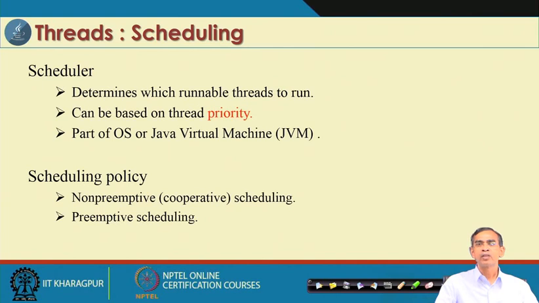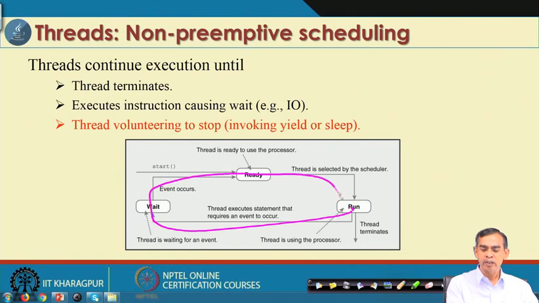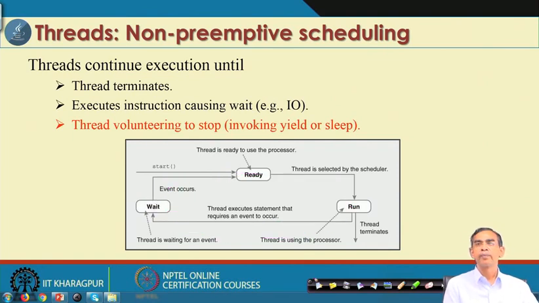So it is basically the policy for how you want to control the threads in your execution. In non-preemptive scheduling, whenever the thread is in running condition, it will either terminate or go to wait or ready state only after it finishes its execution. That means no interruption is allowed in non-preemptive scheduling.